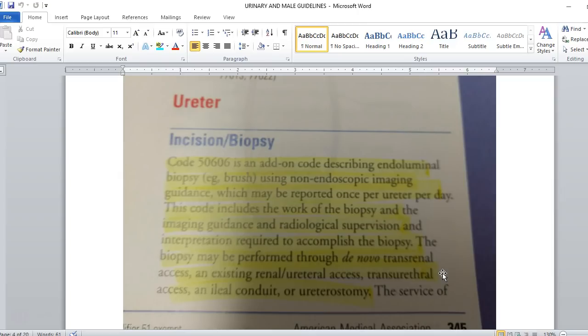An ileal conduit is basically a way of continuing to allow the person's urinary system to function, but instead of urinating from the bladder through the urethra, the ureters get connected to the ileum, the third part of the small intestine. A lot of times this is due to traumatic accident or injury or cancer.